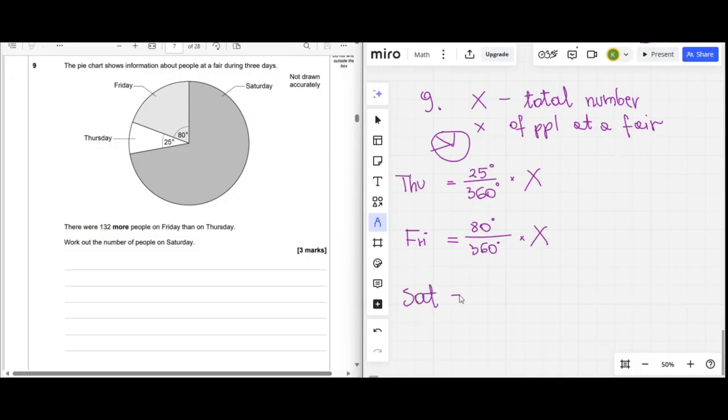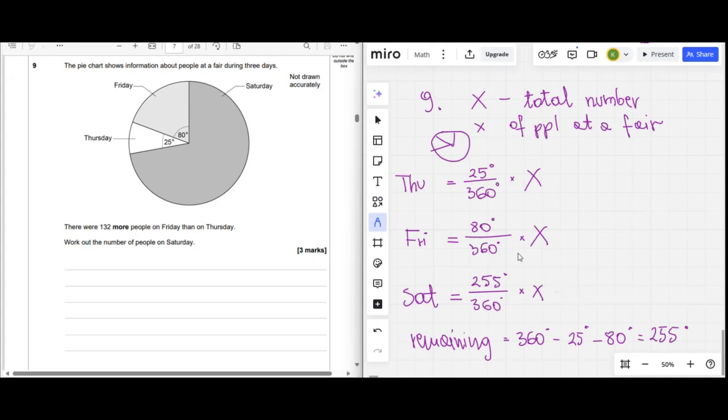And on Saturday, that will be the remaining part of the chart, which is 360 degrees minus 25 degrees from Thursday and 80 degrees from Friday. So 255 times x.